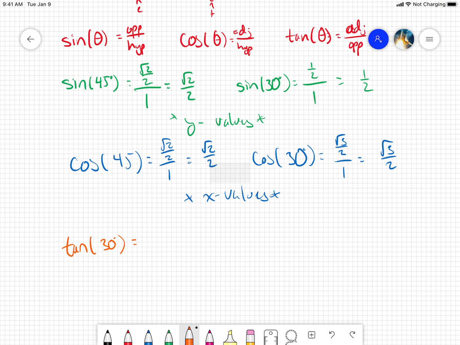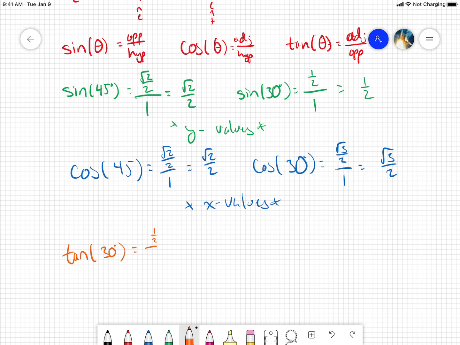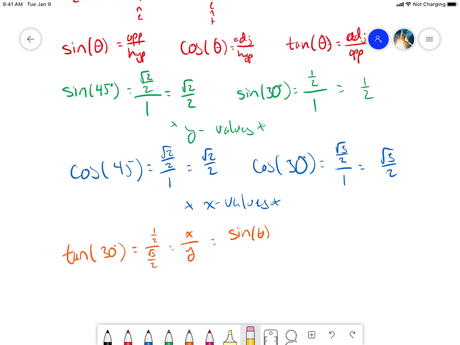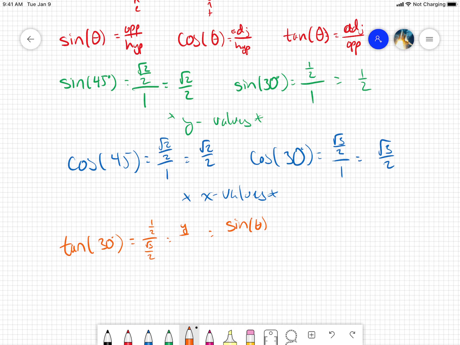So, this is 1/2 over rad 3 over 2. Now, before I go to actually calculate this thing out, I want you to notice that at 30 degrees, 1/2 was my y-coordinate, rad 3 over 2 is my x-coordinate, and it's the same thing as sine of that angle over cosine of that angle.